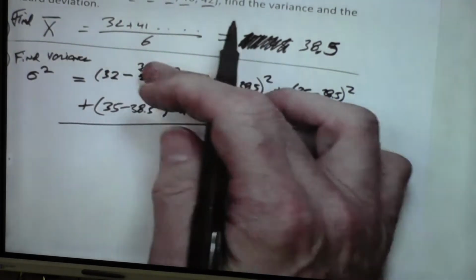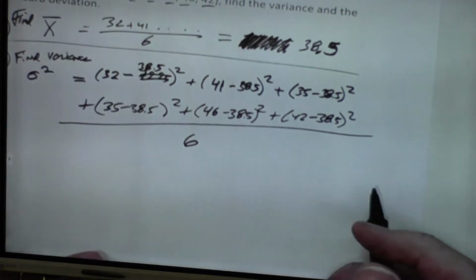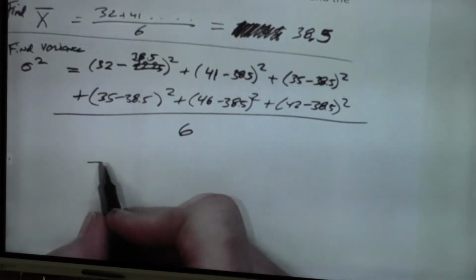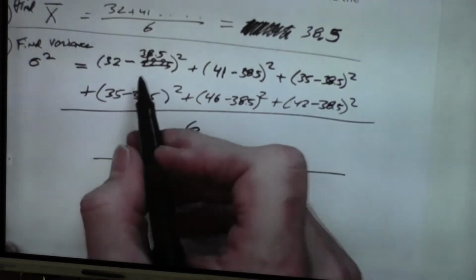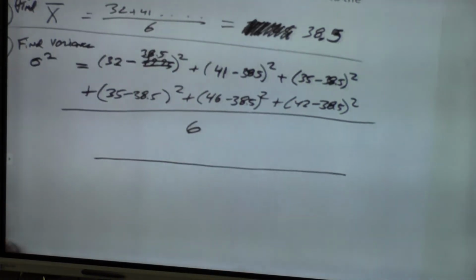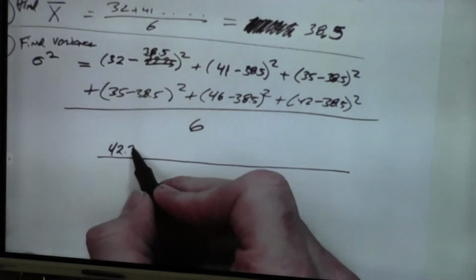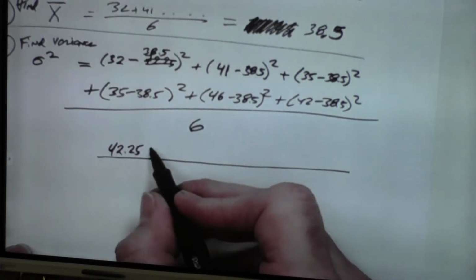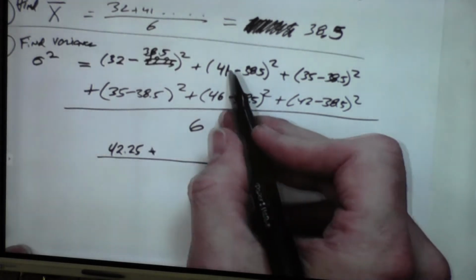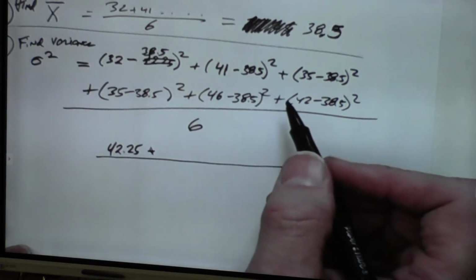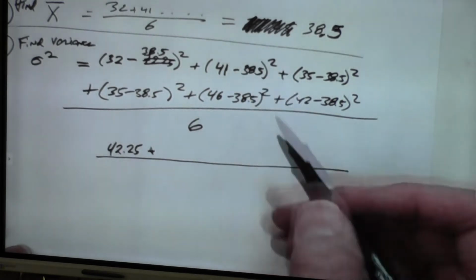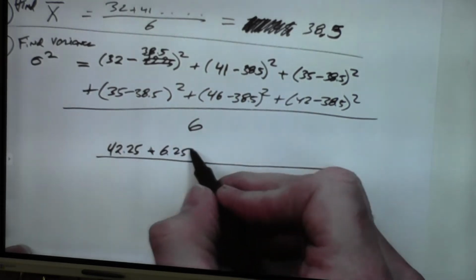So it's basically all of these 6 divided by 6. Now, when you put them in the calculator, 32 minus 38.5 is what, 6.5. Square it and you get 42.25. 41 minus 38.5 is what, 2.5, and you square it, you get 6.25.